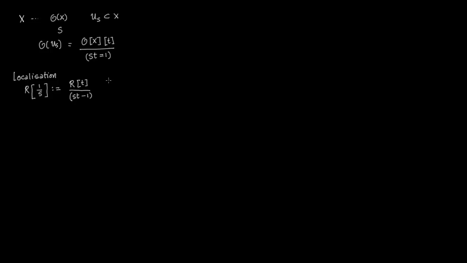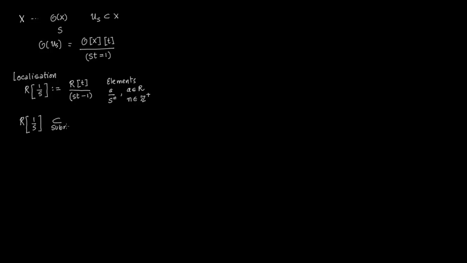The elements of this ring are of the form a divided by s to the power of n, where a is an element of the ring R and n is any positive integer.